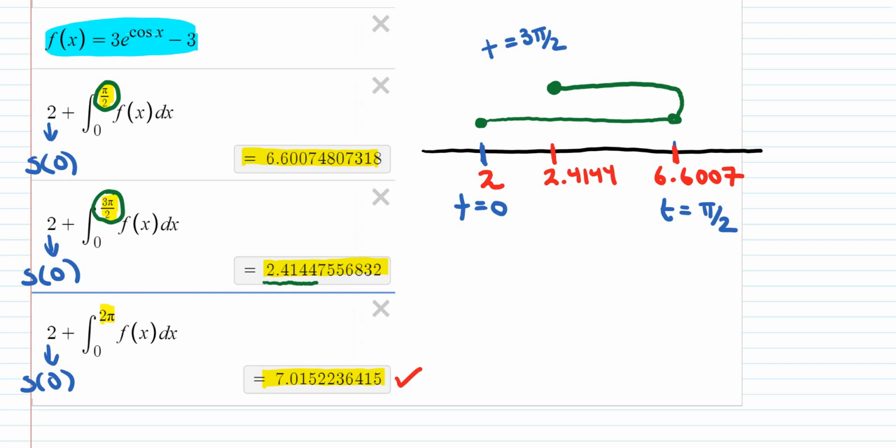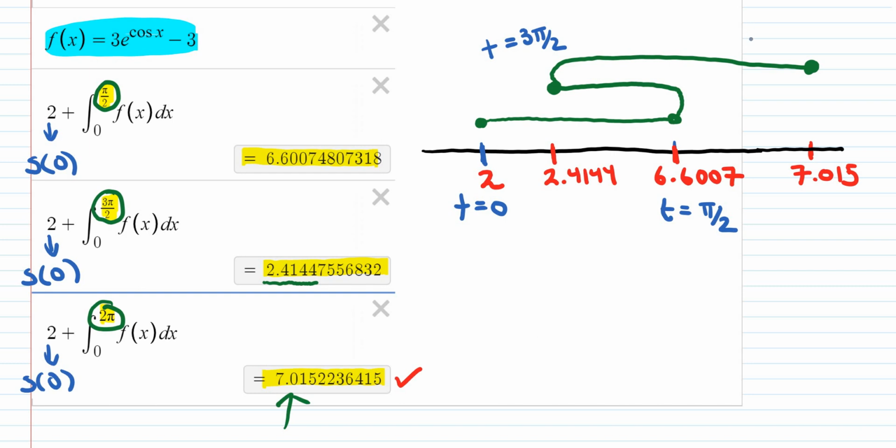And then finally, we have a time value of 2 pi, and it finishes its position at 7.015. So let me put that time value a little bit further out here. So over here now, the final position is at 7.015. And now the particle is going away again, and it's going over here now.